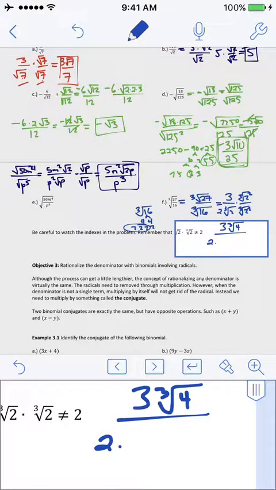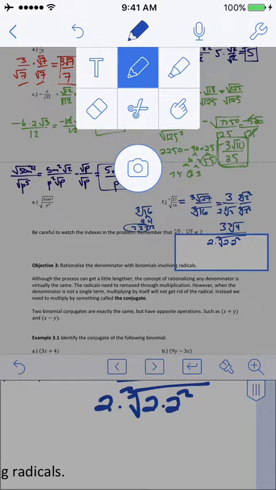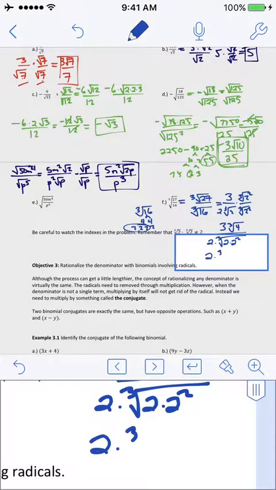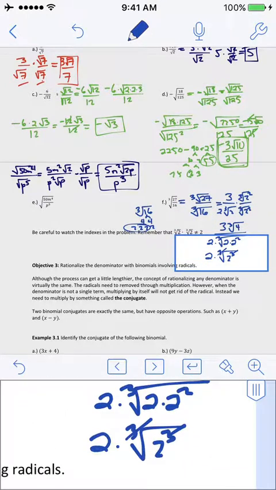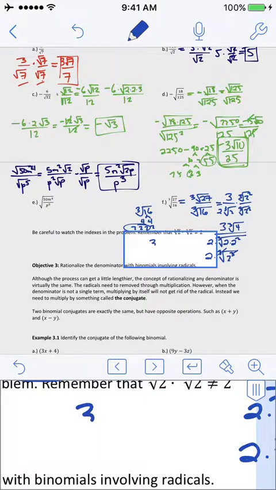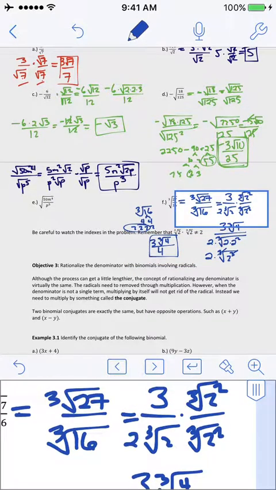Here I've got that 2 still, but I've got the cubed root of 2 times 2 squared, or 2 times the cubed root of 2 cubed, and now it cancels out. So my final answer is 3 cubed root of 4 over 2 times 2, which would be 4. So basically, multiply however many you need.